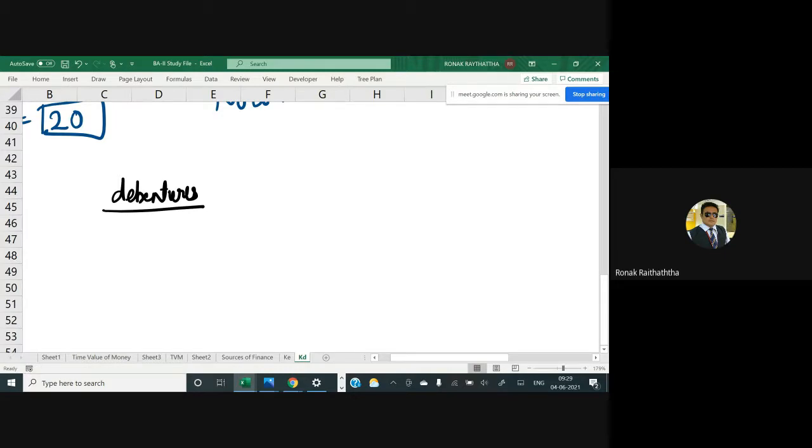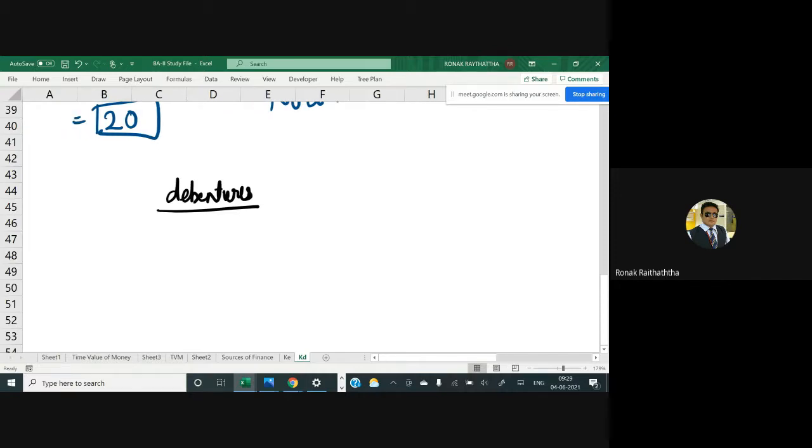And if it is irredeemable, then again the calculations would be a bit different. So I'm just drawing a chart over there. One is irredeemable, another one is redeemable. Irredeemable means they are there for the perpetual number of years, infinite number of years, till the time company is going to survive.